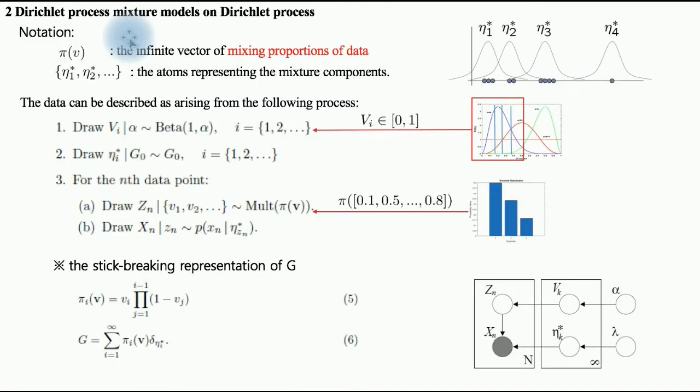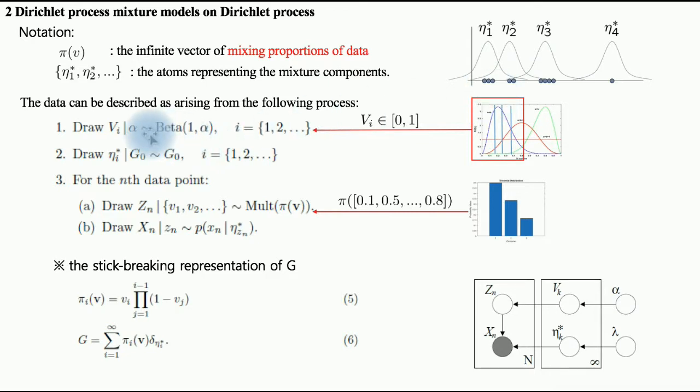In the Dirichlet process mixture, as seen in these figures, the vector phi of V comprises an infinite vector of mixing proportions, and the represented values eta r star are the atoms representing the mixture components. The data can be described as arising from the following process.